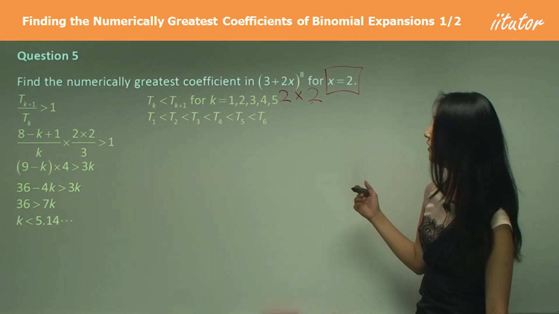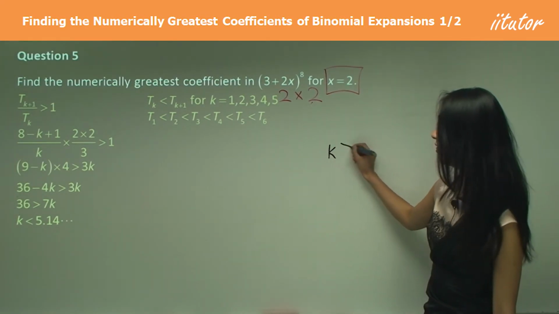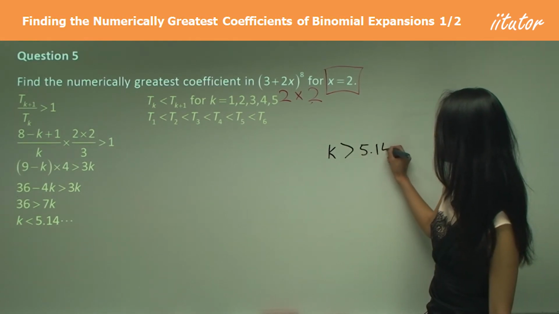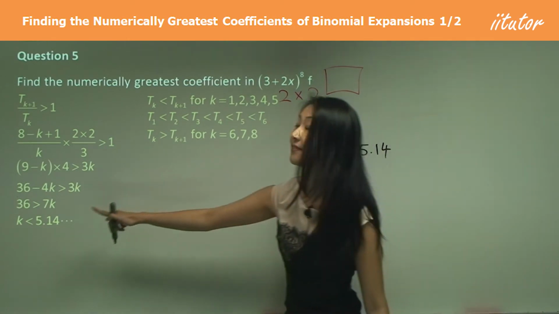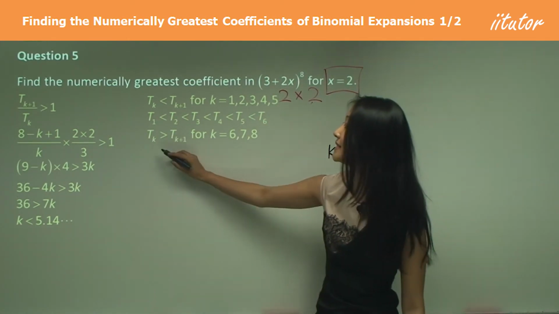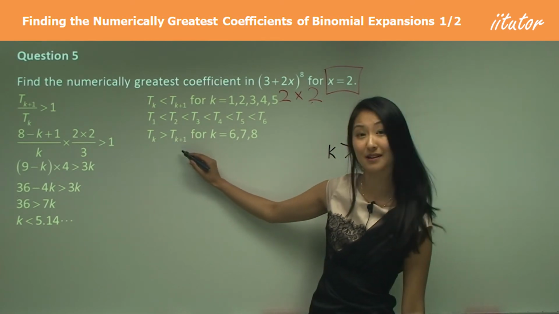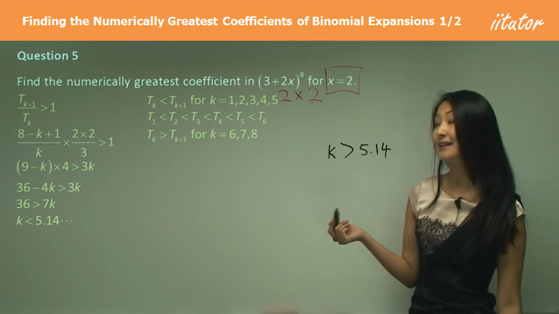Now let's consider when k is greater than 5.14. In this case, because we flip the sign for that, we also flip this sign. So that's why it's become tk is greater than t(k+1), and that only applies for 6, 7, and 8.